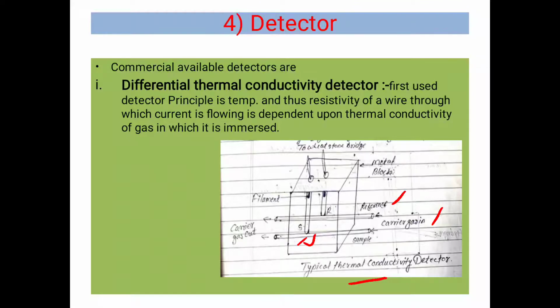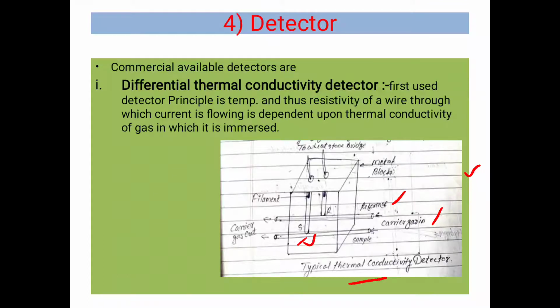So there is different thermal conductivity of the sample than the carrier gas, as the sample is also a gas and the carrier gas is also a gas. So the thermal conductivity of the sample component is different from the carrier gas, and the arrangement of this instrument is such that the effluent is moving towards the sensing side.